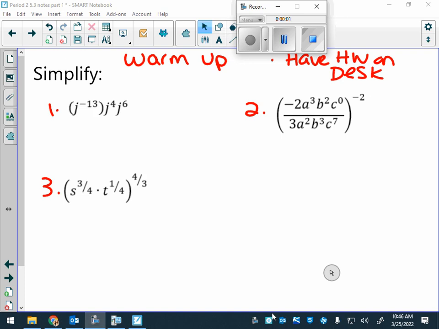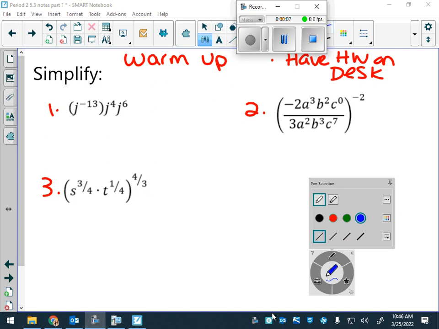The warm-up. All right, just our exponent properties. Number 1, John, what do we have?